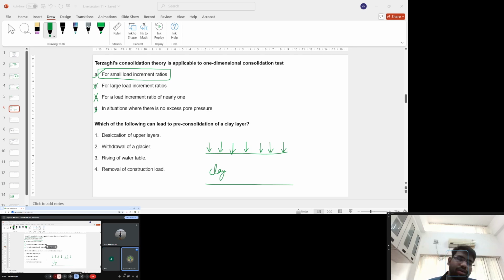So, for example, if there is a clay layer and a glacier is formed over that, in that case, load is going to increase. Yes, sir. As well as if you are constructing a building or something, obviously the load coming onto the soil is going to increase. Yes, sir.